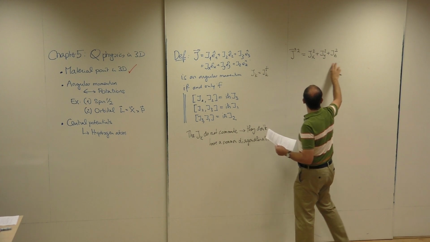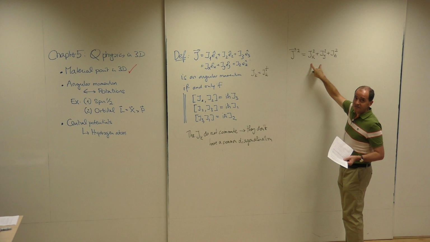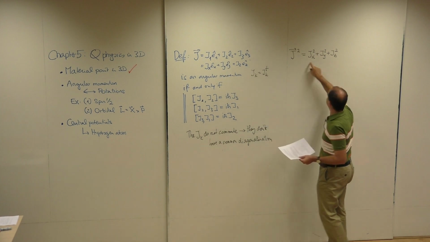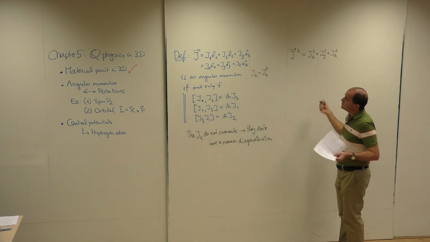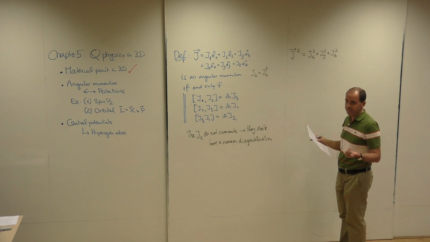And this is, from the point of view of space, a scalar operator, right? There's no more vector. So this is just a matrix constructed from those three matrices, taking the square and summing them.